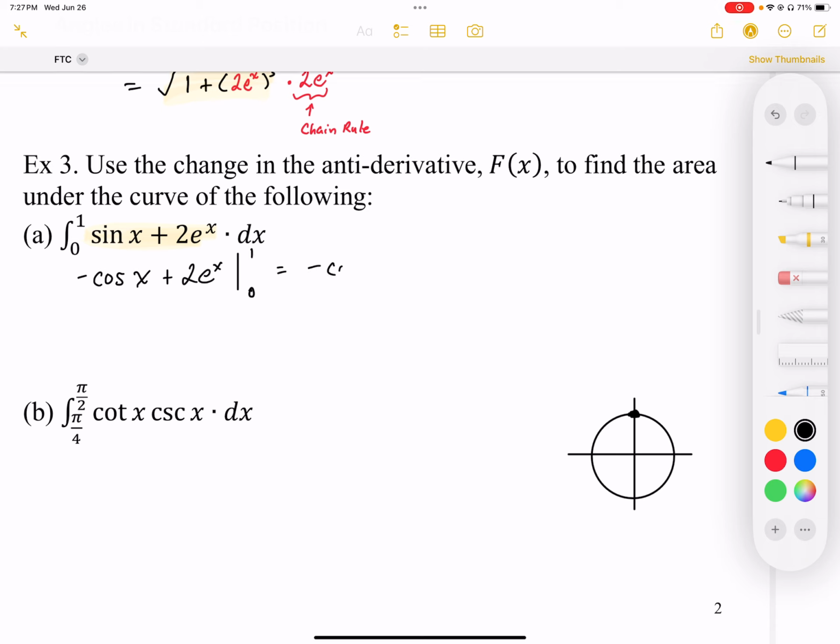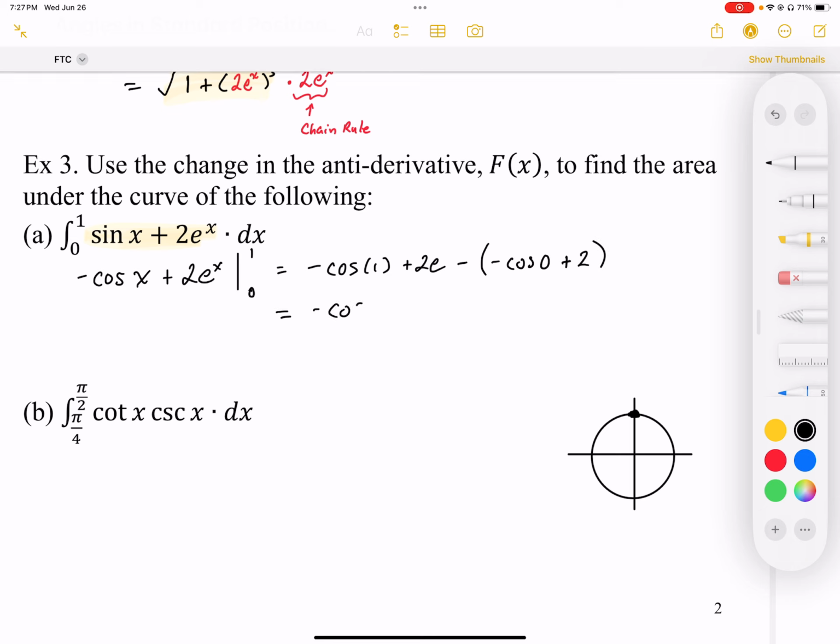So plugging in these bounds, we're going to end up with negative cosine of 1 plus 2e to the 1, minus negative cosine of 0 plus 2e to the 0, which is just going to be 2.